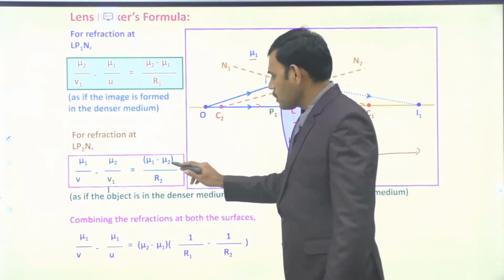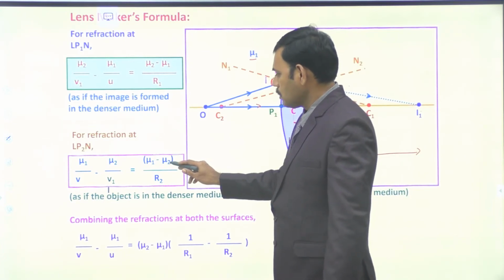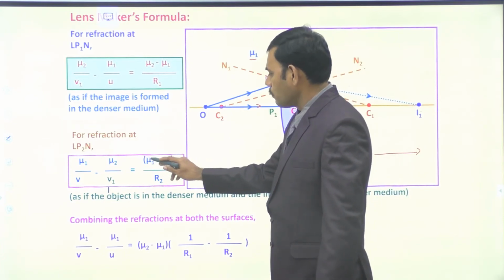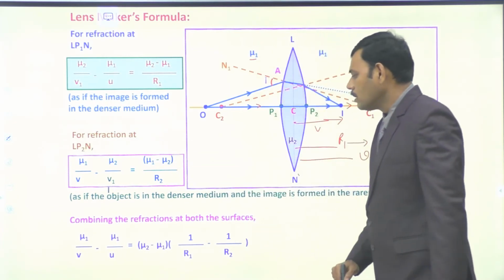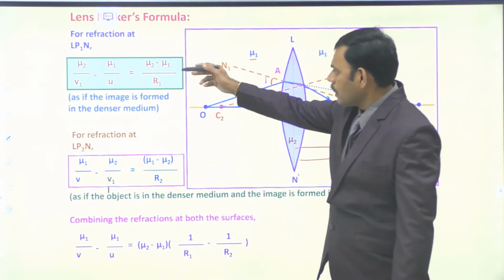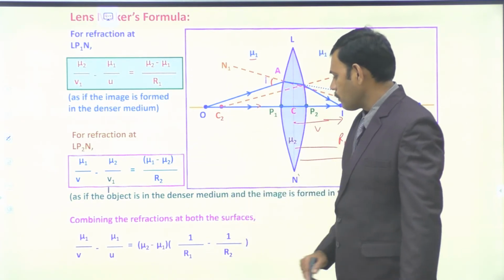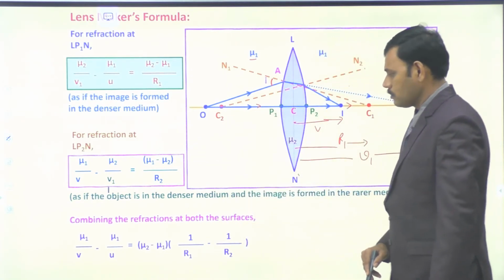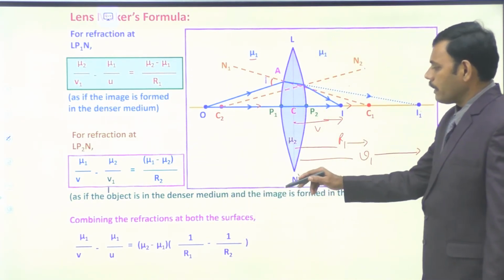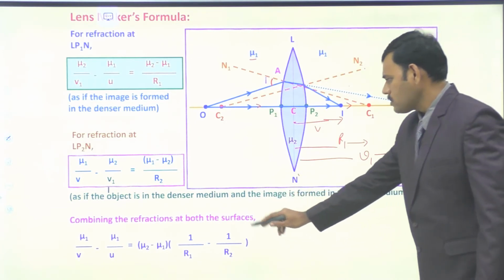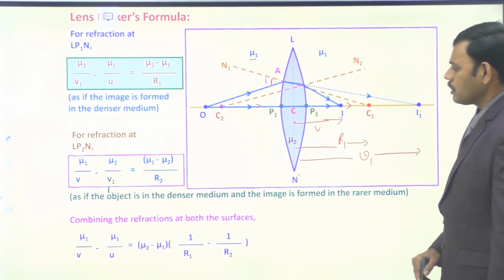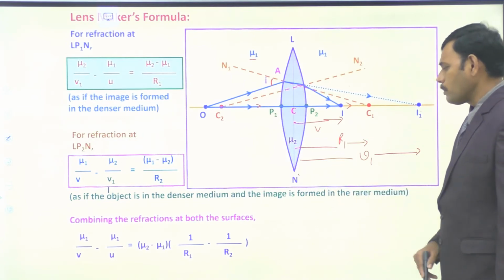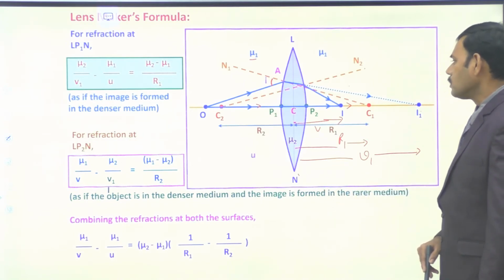Here mu1 minus mu2 is rearranged as minus common mu2 minus mu1 into minus 1 by r2, hence we get this minus sign. With mu2 minus mu1 common on the right hand side, we get 1 by r1 minus 1 by r2. So we get up to this stage: mu1 by v minus mu1 by u is equal to mu2 minus mu1 into 1 by r1 minus 1 by r2.